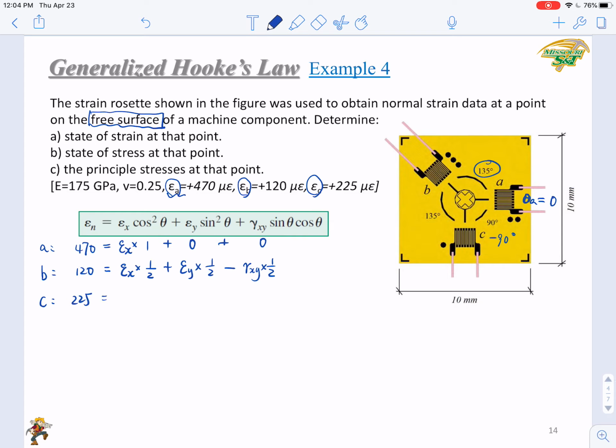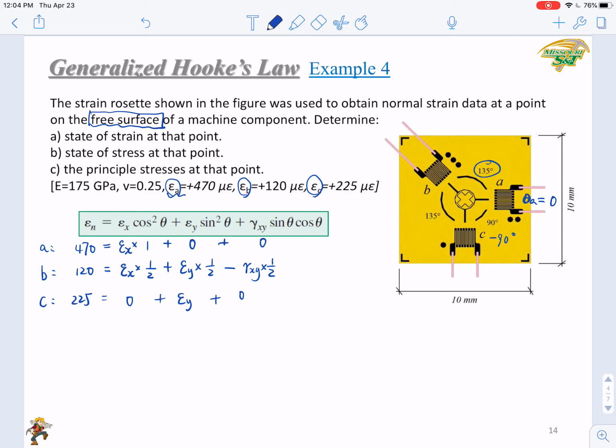Then it's negative 90 degrees. The cosine of theta is 0, so here you get the first term 0, plus epsilon y, that will be times 1, plus the third term, which will include a 0, so it will be 0.